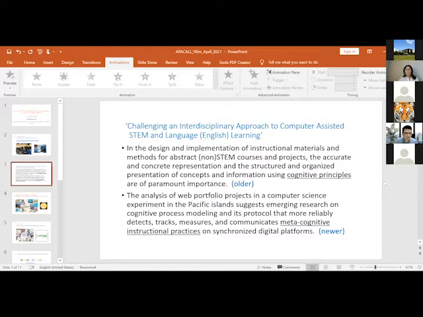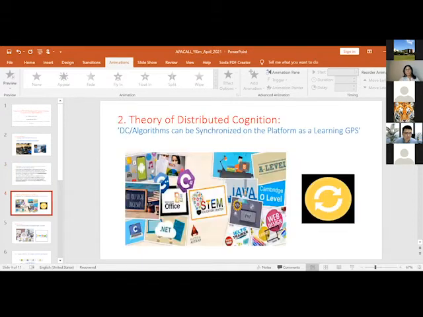This study suggests the emerging research on cognitive process modeling and its protocol that more reliably detects, tracks, measures, and communicates metacognitive instructional practices on synchronized digital platforms. And this study is basically based on the theory of distributed cognition.